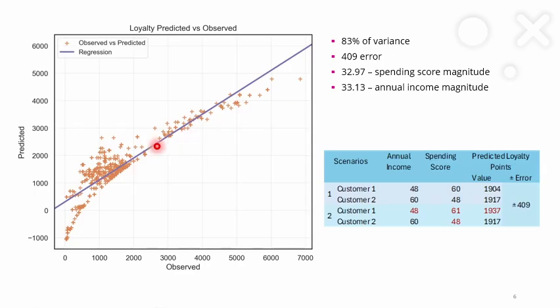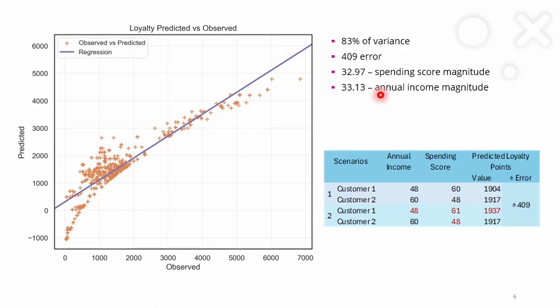The regression line suggests the predicted value of loyalty points increases in the combination of annual income and spending score, and the crosses show the points where every predicted value corresponded to the observed one. No model is perfect, and the offered one predicts points with an average error of 409 points.